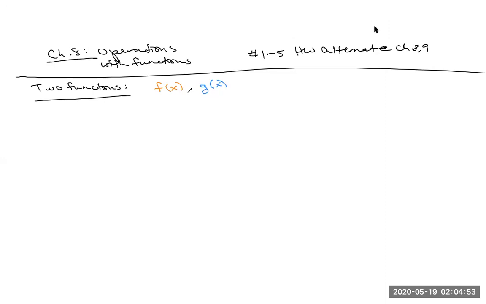Okay, we're actually going to look at some function rules today. So first one, what happens when you add the two functions together? This is addition, property of functions.